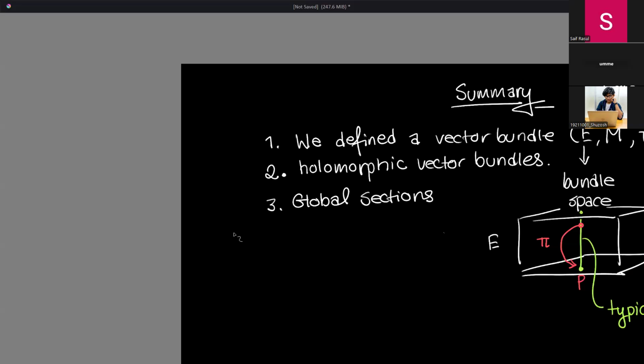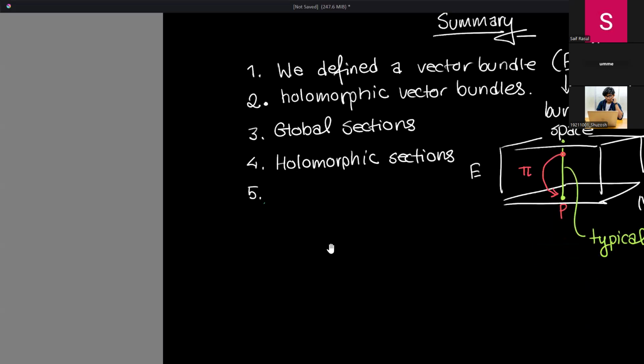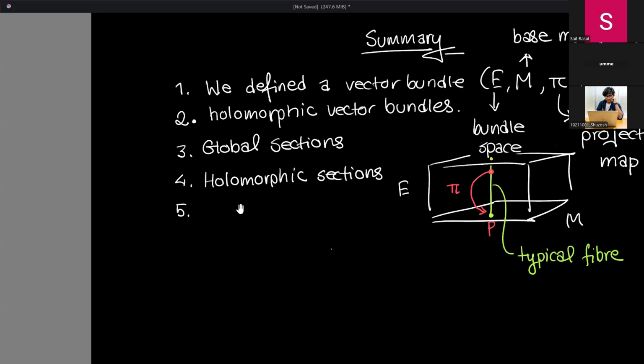So global sections. Then we looked at holomorphic sections. And then we looked at local sections.